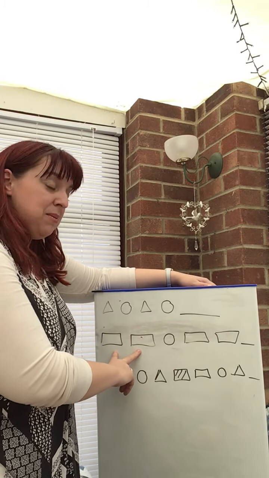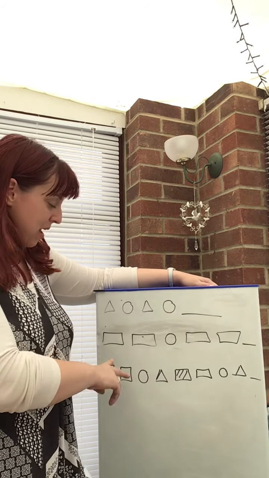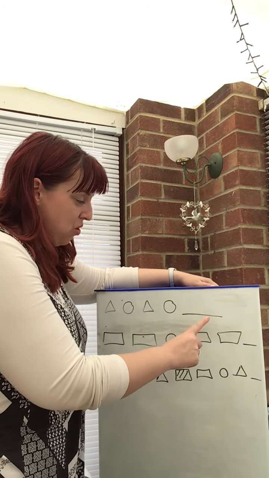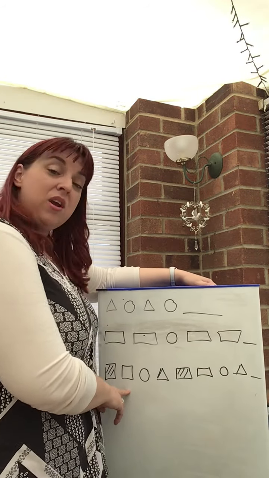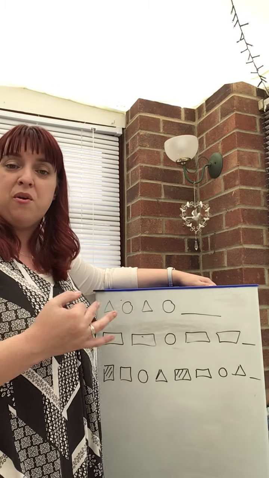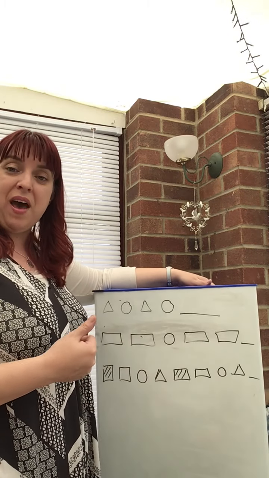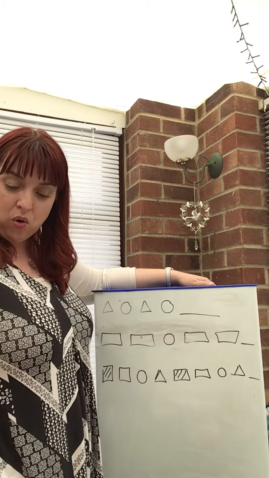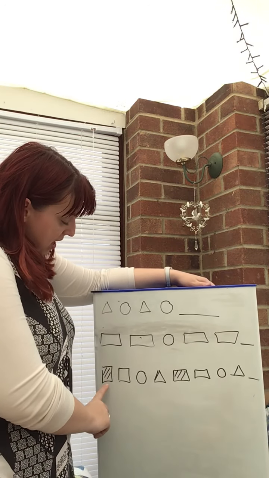We start to increase it by increasing the number of shapes involved, or increasing how often the shapes appear. Rectangle, circle, rectangle, what comes next? If you want increasing challenge, not only increasing the number of shapes that might be involved, up to 3 or 4, but increasing how often they appear. Or maybe looking at the fact that they are different sizes or different colours really increases their ability to describe the properties.